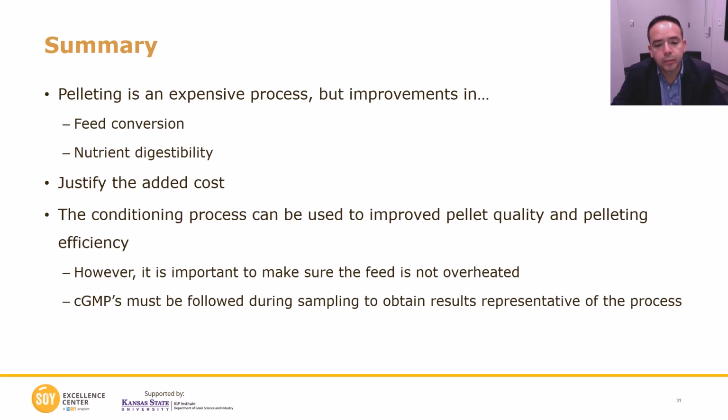However, it is important to make sure that you are not overheating the feed, and also good manufacturing practices must be followed during sampling to obtain representative samples during the process. And this is particularly important when you are collecting samples of temperature and moisture in the conditioned mash.